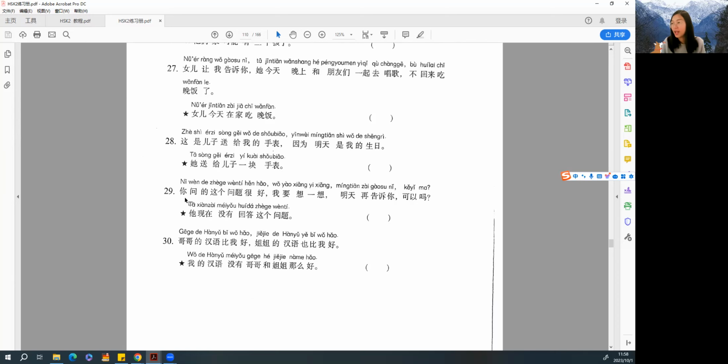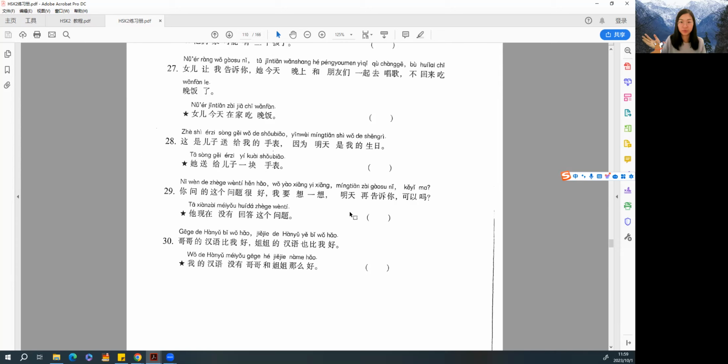Next question. 你问的这个问题很好，我要想一想，明天再告诉你，可以吗？ So 你问的这个问题很好. The question you ask is good. The key point is here, 我要想一想. I need to think about it. 明天 tomorrow, I'll tell you again. So this guy is going to answer that question tomorrow, right?